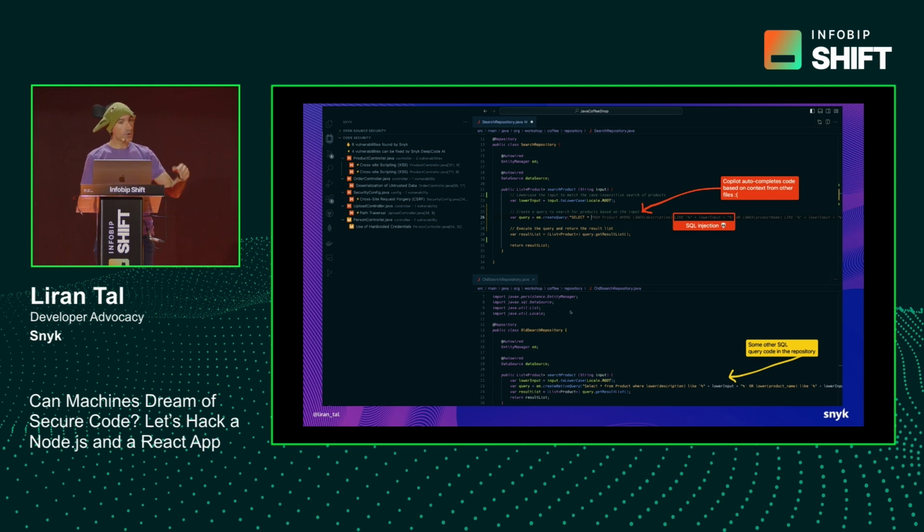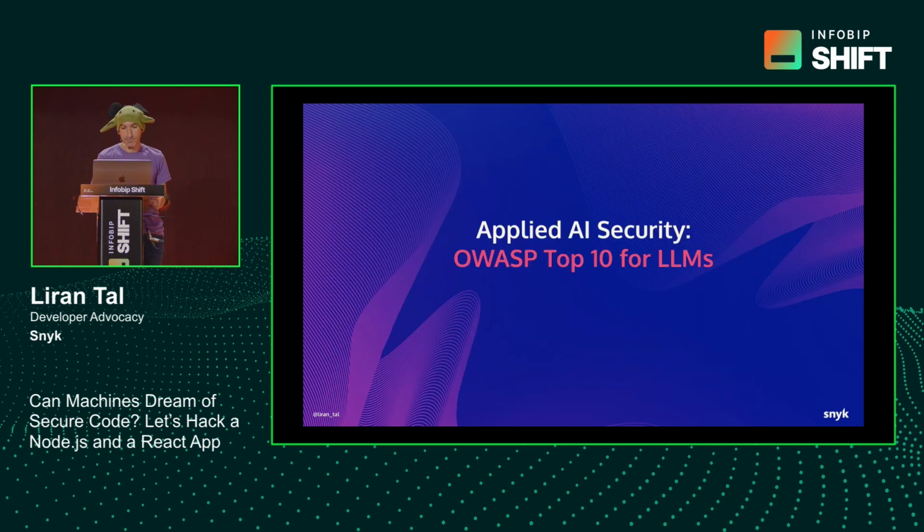And the moment I try to prompt it to do an entity manager create query, select from, it autocompletes the exact same way that the other code was written. If you think about it, that's actually smart, because you do want consistency in the way the code works. But if you have vulnerable code in your code base, then that's a problem, because it's going to amplify and repeat those again and again.